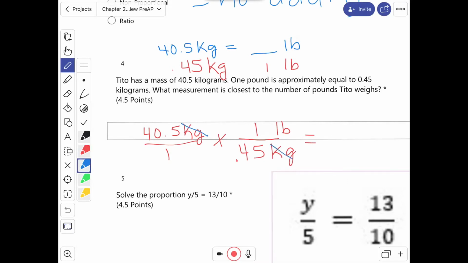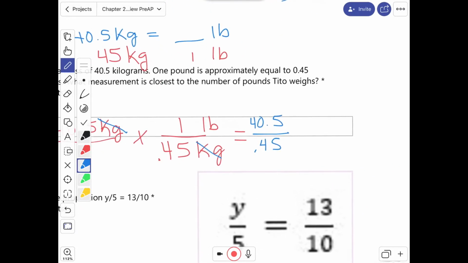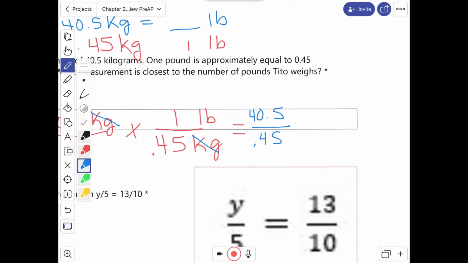And the kilograms simplify. Then we multiply straight across and we get 40.5 over 0.45. And that is something that needs to be simplified, so we'd have to divide. Putting 40.5 in the house and 0.45 outside.